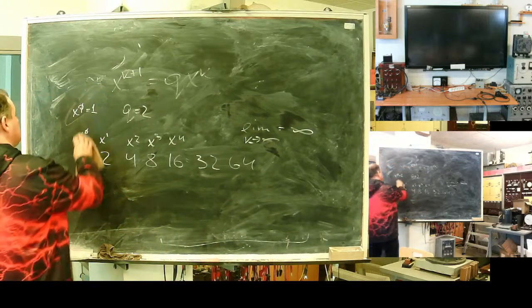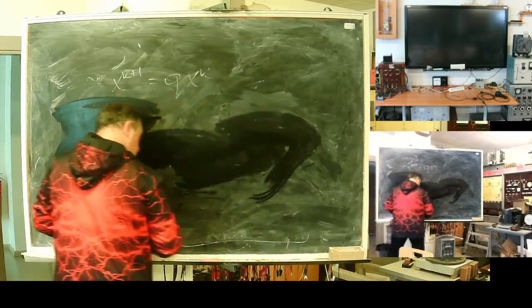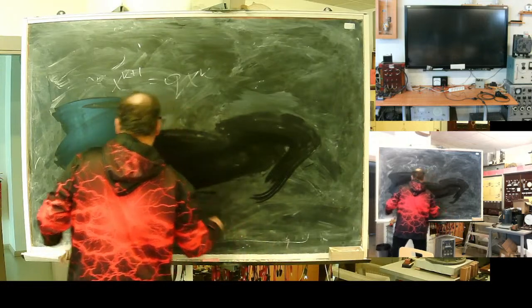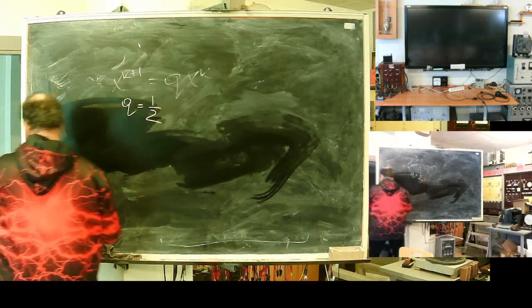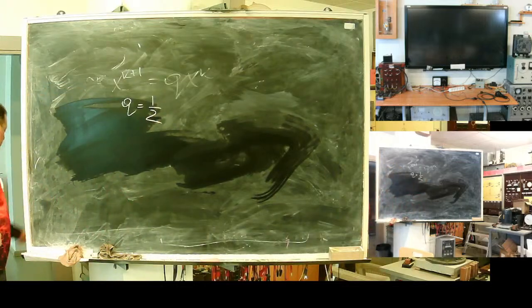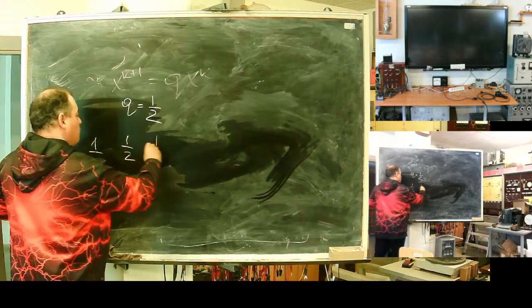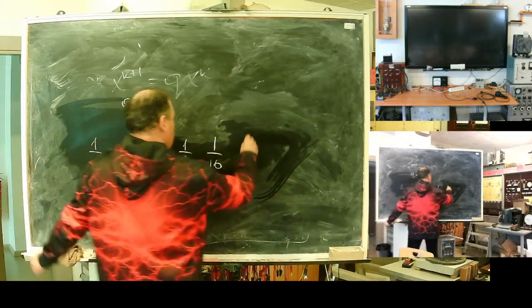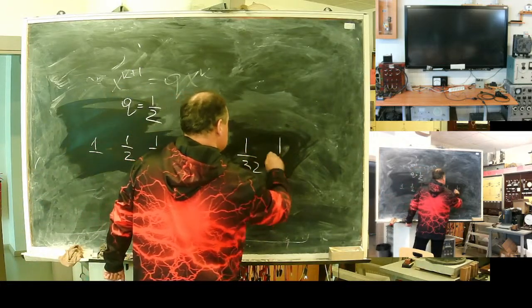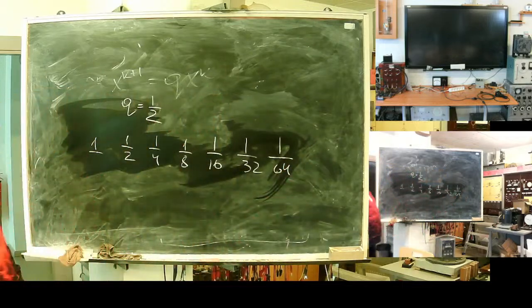We can take another example. Another example can be q equal to 1/2. 1, 1/2, 1/4, 1/8, 1/16, 1/32, 1/64, and so on. Does it converge?